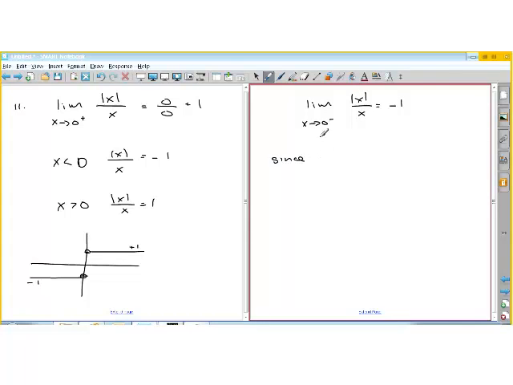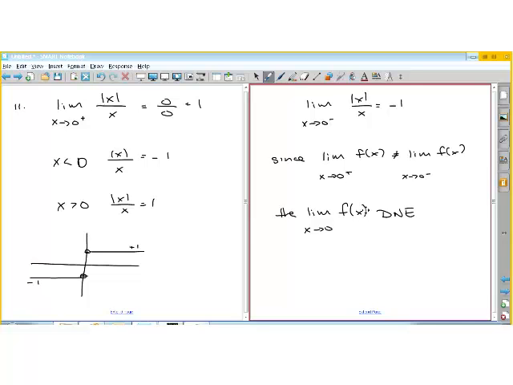And since the limits are not the same, since the limit as x approaches 0 from the positive side of this function does not equal the limit as x approaches 0 from the other side, the limit as x approaches just 0 of the function does not exist.